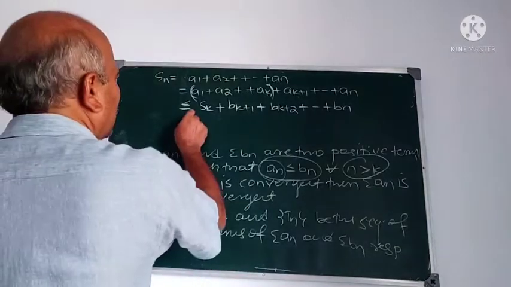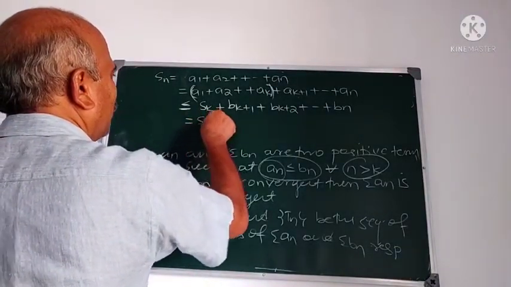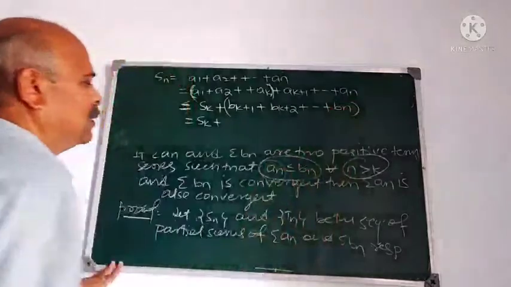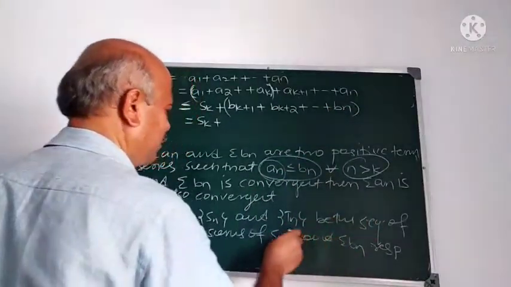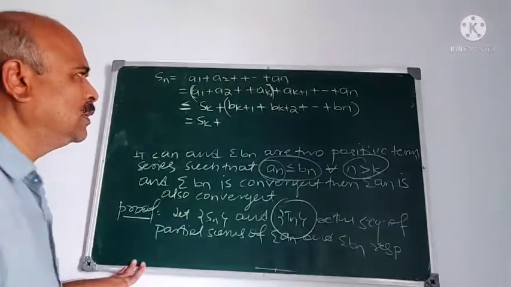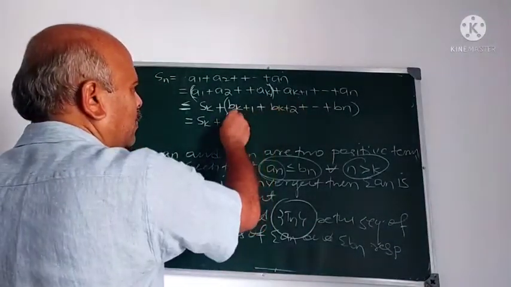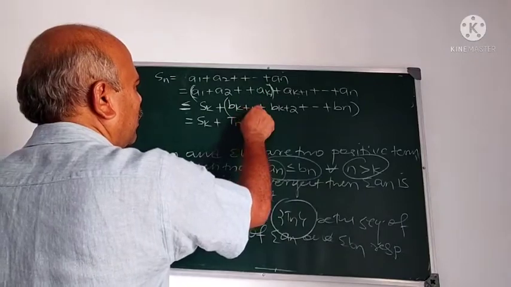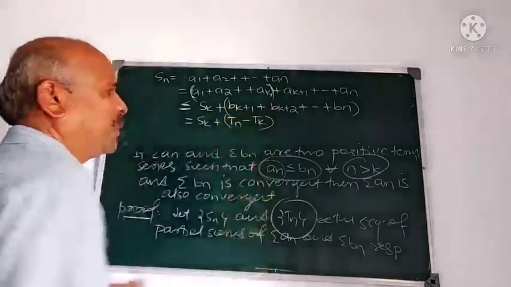So it is Sk plus Tn minus Tk, where Tn is the sequence of partial sums of series bn.